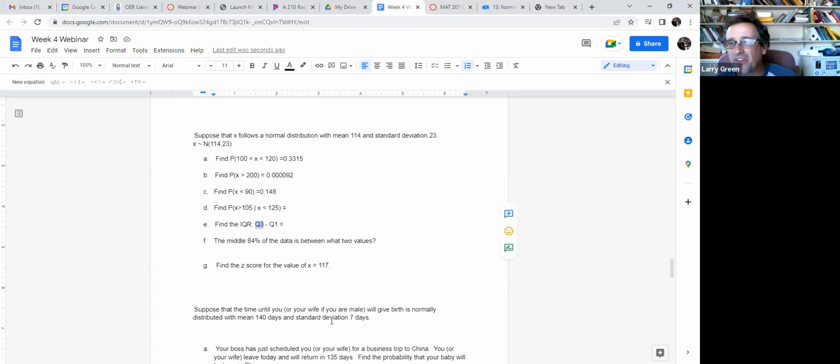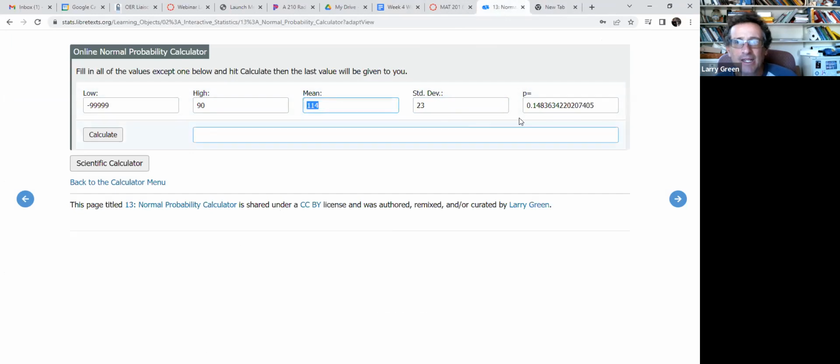Yeah, 75th percentile, or the probability is 0.75. So now we have to go back, and the probability now is what we know. Any questions on that?